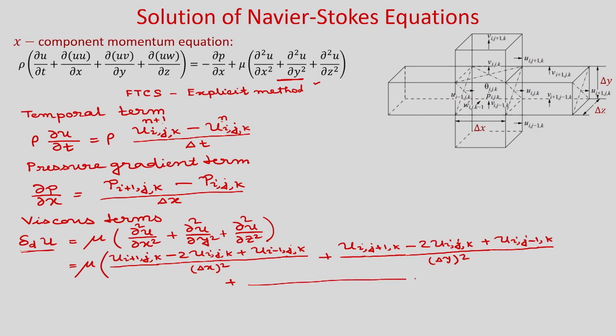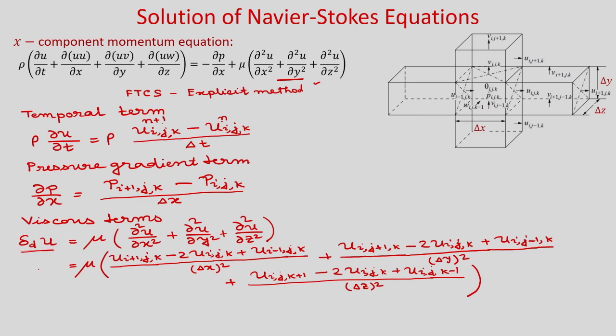Similarly, you can discretize like u(i, j, k+1) in the z direction, minus 2 u(i, j, k) plus u(i, j, k-1) divided by delta z square. Okay.